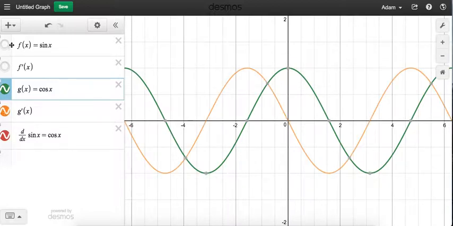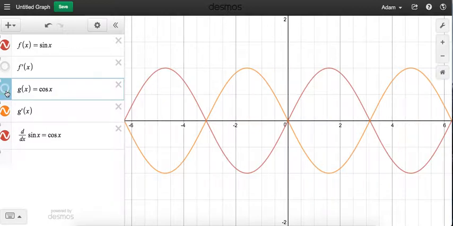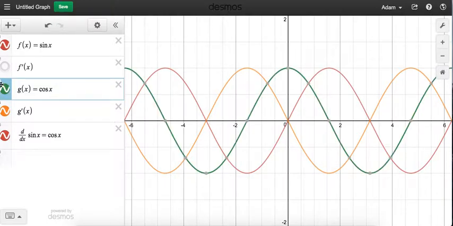Is it the same thing as sine? No, not quite. I mean, it looks a lot alike, right? If I click the cosine off for now, they look a lot alike. In fact, they're symmetrical. So what would I need to do to the sine function so that it landed on the orange derivative of g function?